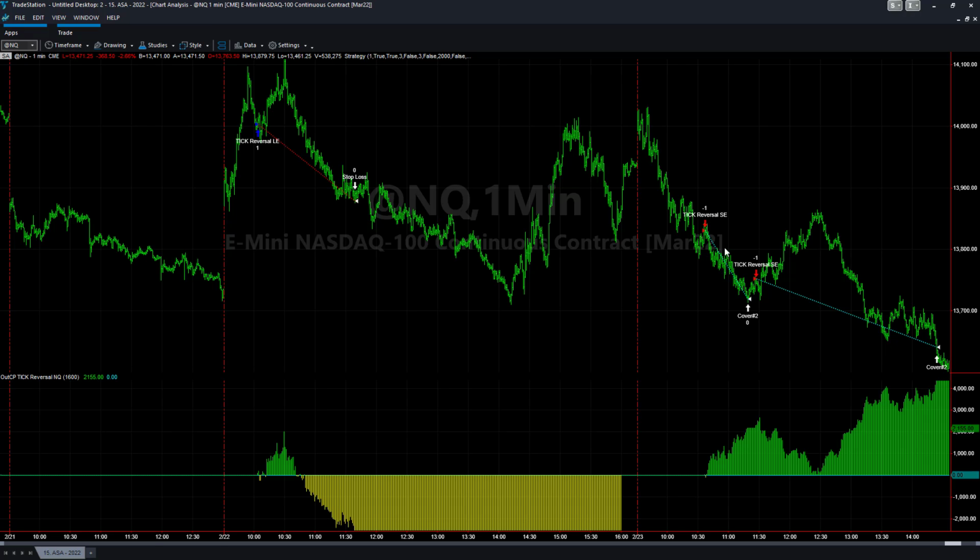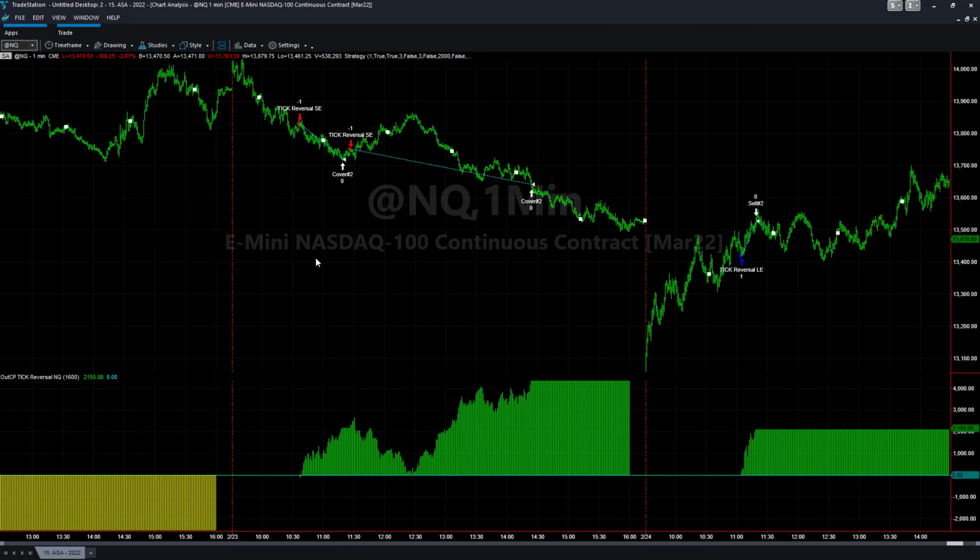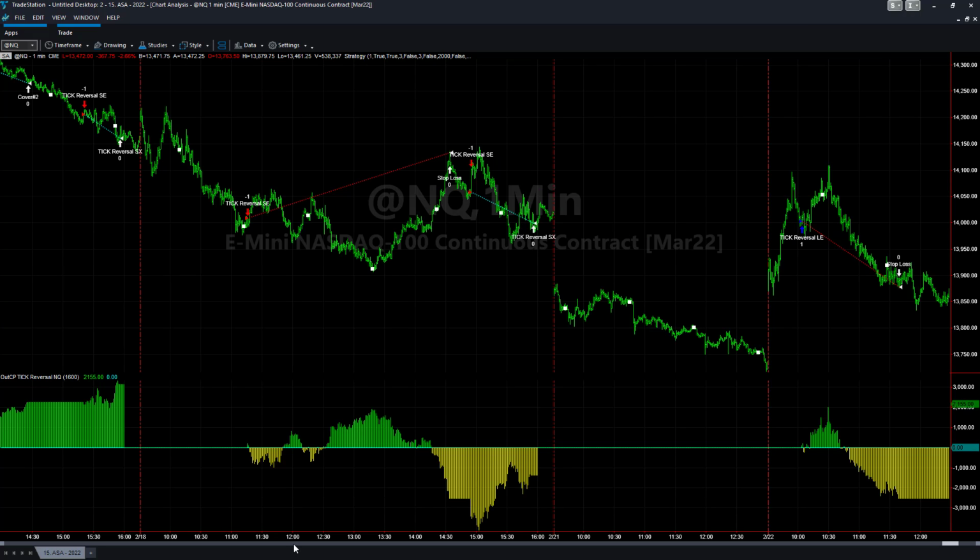This market reversed anyway, so there's times when you could have waited for a larger counter trend move, but you have to use the same set of rules each time. You can't predict the future. In this case, stopped out at that swing high, got back in, and so that is the nature of this system and basically how it works. And it's one of the new strategies we're trading in 2022 in this current market environment.